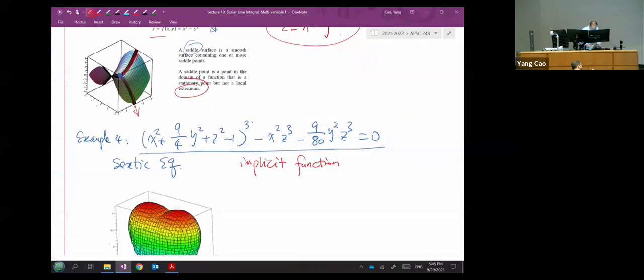Another example of an implicit function is x squared plus y squared plus z squared equal to, for example, 8. And I think you probably know what this looks like. What does x squared plus y squared plus z squared equal to 8 actually look like?